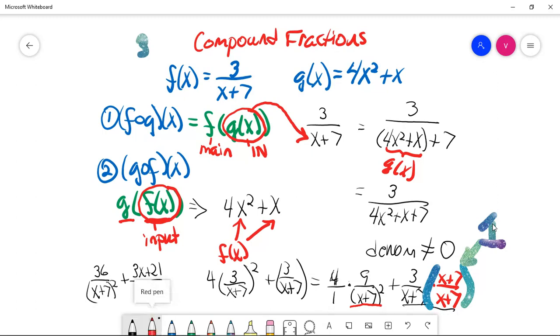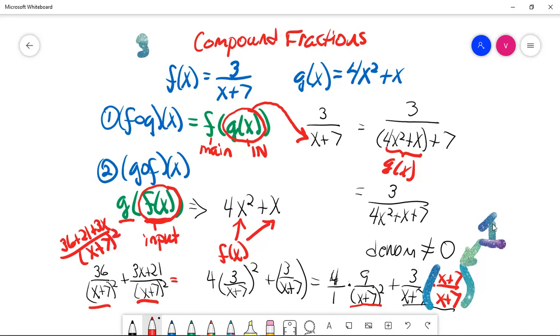And now that you have the common denominator, you can combine the numerators. It's 36 plus 21 plus 3x over the common denominator of x plus 7 squared.